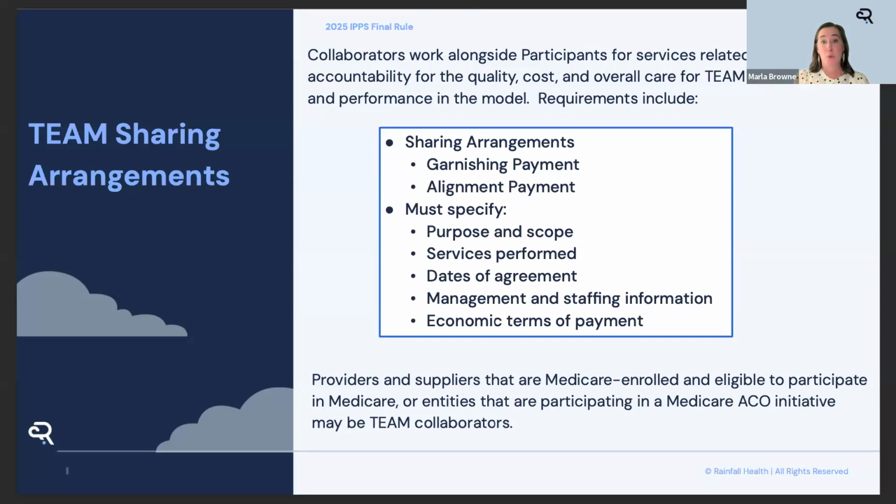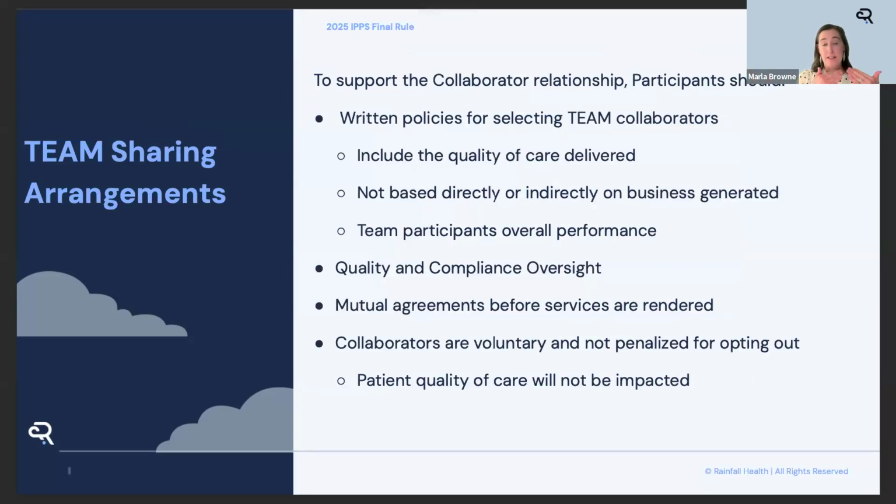In addition to the written sharing arrangements between the two entities, team participants internally should have written policies for how they're going to select their team collaborators, right? Included in that internal policy, there should be selection criteria that include the expected quality of care delivered by the potential team collaborator.